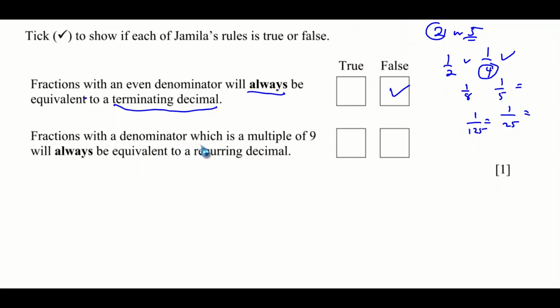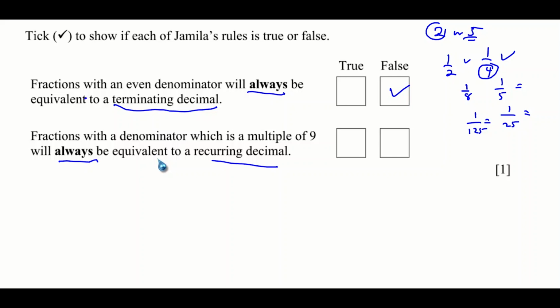A fraction with a denominator which is a multiple of 9 will always be equivalent to a recurring decimal number. Here, if you have any factor of 9, it will always give you a recurring decimal number.